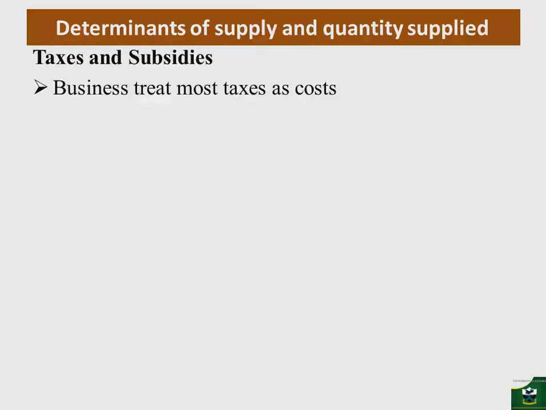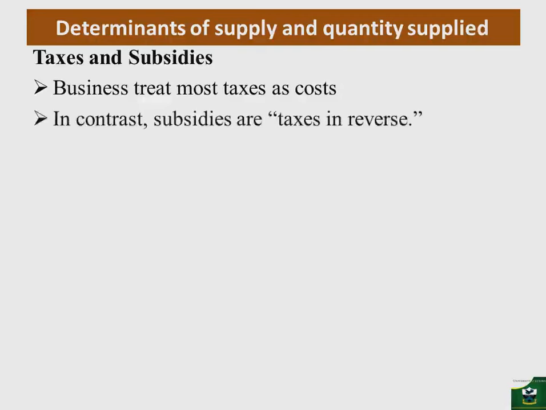And if we assume that all taxes are levied on the suppliers, then with the higher cost, it means the production cost has gone up, and therefore supply reduces. Conversely, the subsidy is a reverse of the taxes. If we assume that all subsidies are given to suppliers, it means the cost of production reduces for suppliers, and therefore supply of a given commodity increases.